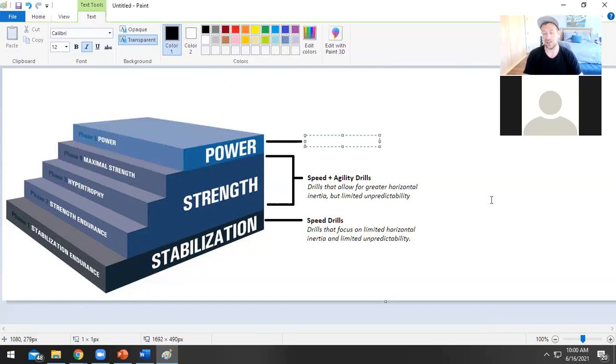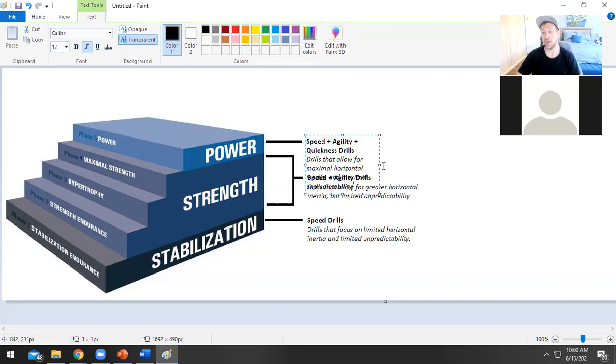They don't have to respond to any external stimulus. And lastly, we've got clients who are in the power phase. They're going to get speed and agility and quickness drills. Okay, so these are going to be drills that allow for maximal horizontal inertia and maximal unpredictability.